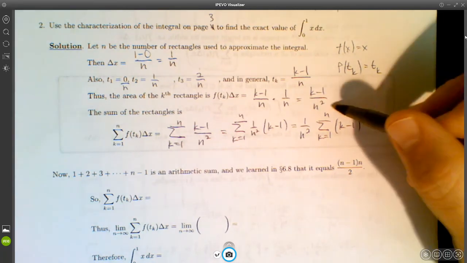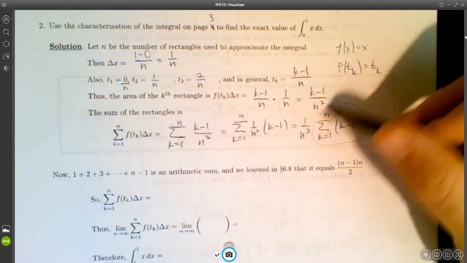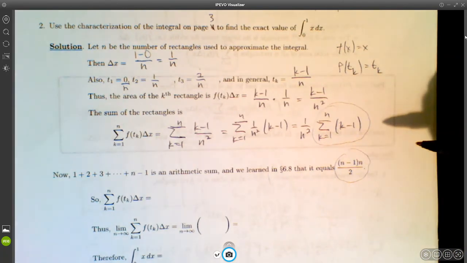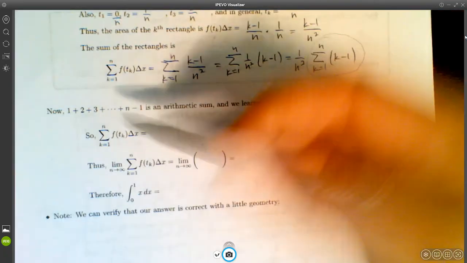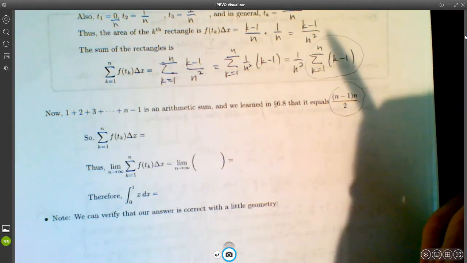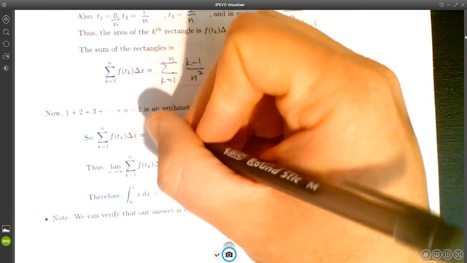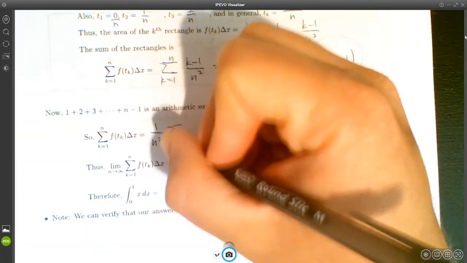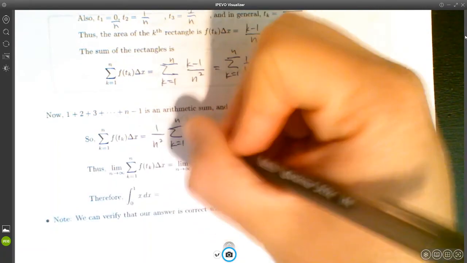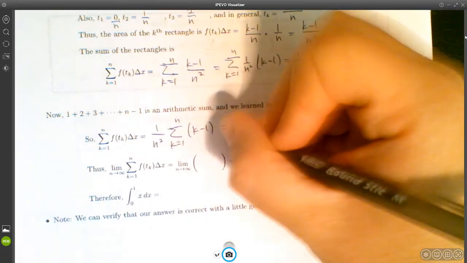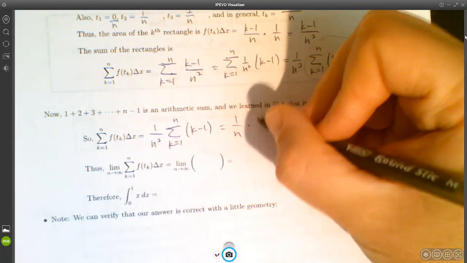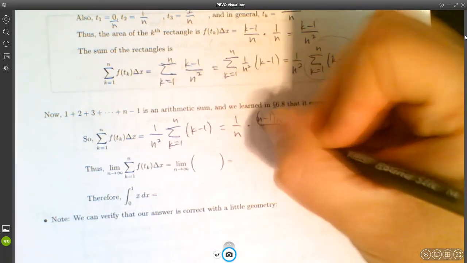So this whole sum can be replaced with this expression, n times n minus 1 over 2. So, putting it all together, the sum of f of t sub k times delta x is really the same thing as 1 over n squared times the sum from k equals 1 to n of k minus 1. That sum is equal to n minus 1 times n over 2, right?